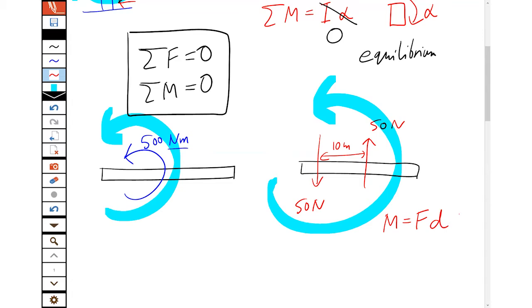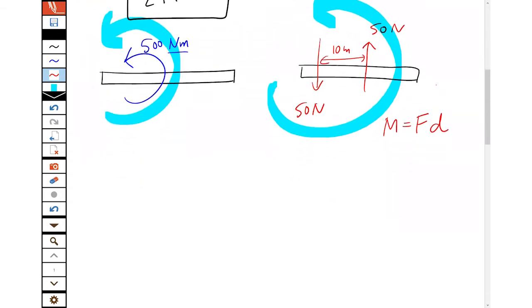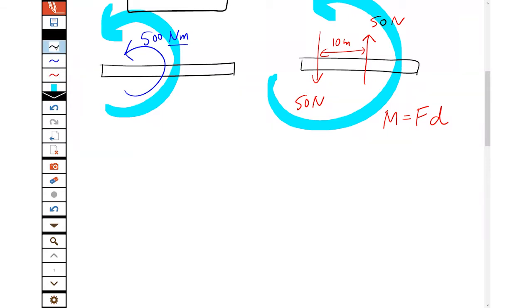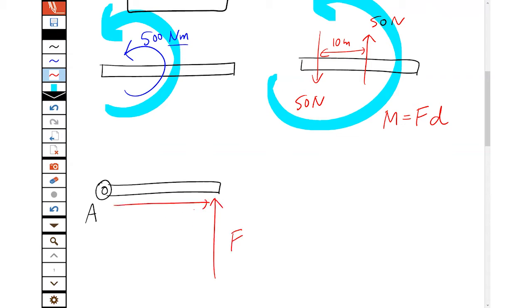But what if you don't have a nice exact equal pair of forces? Because you usually don't. Well, we can still calculate those, and we use this every day to get in and out. If we open a door with a hinge at A, and we apply a force, a distance d away from the pivot, the hinge of the door, then the moment is the force times the perpendicular distance.